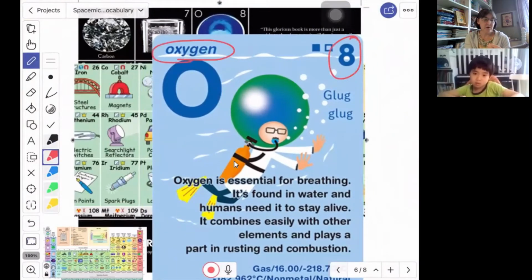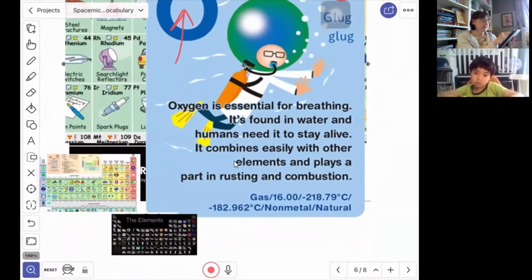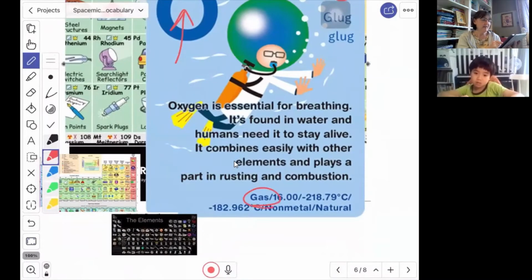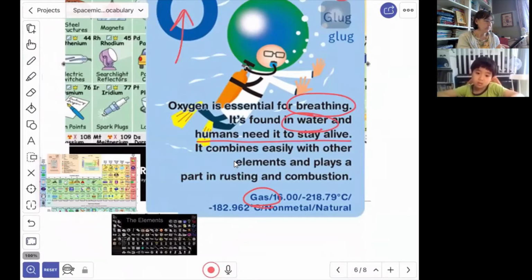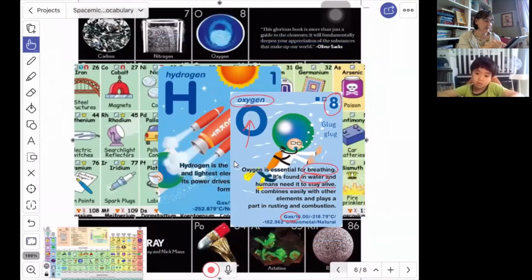And this is the word, and it's shown by the letter O. And it tells us that it's a gas, that we need it for breathing, that you can find it in water, and humans need it to stay alive. Okay. So that's something about oxygen.